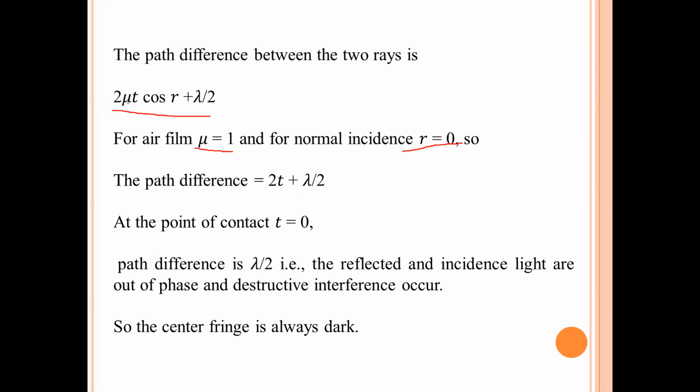So the mu value is 1, and it becomes 2t. Here, the r value is 0, and cos 0 is 1. So totally 2 mu t cos r becomes 2t, as usual plus lambda by 2.